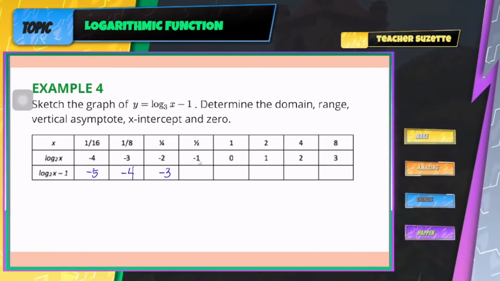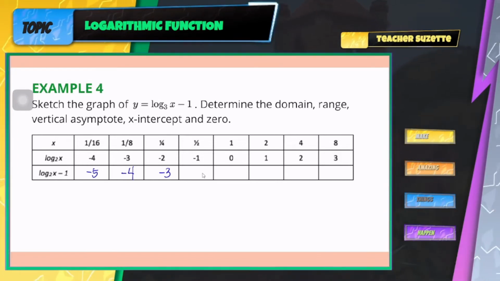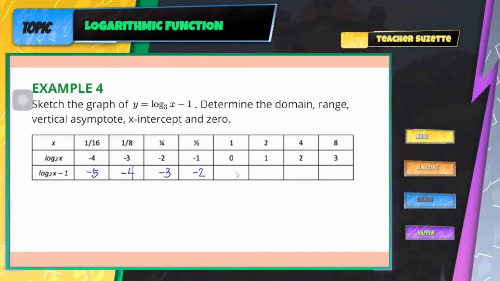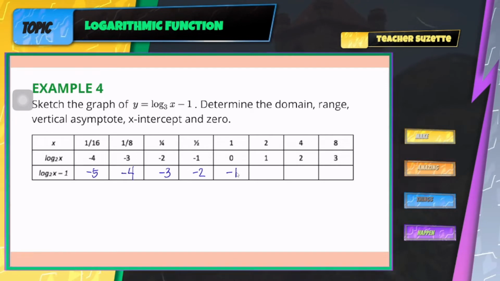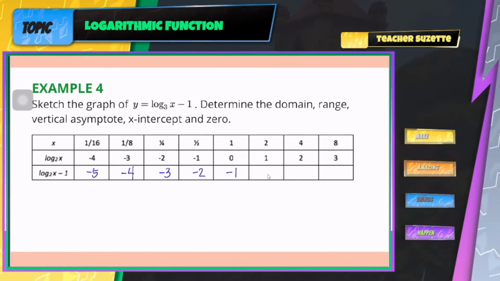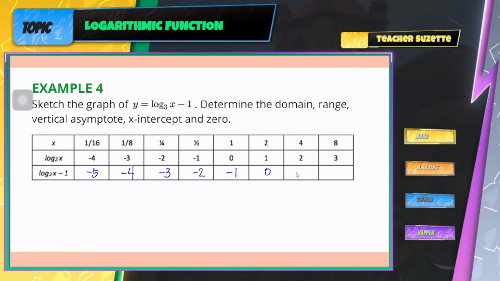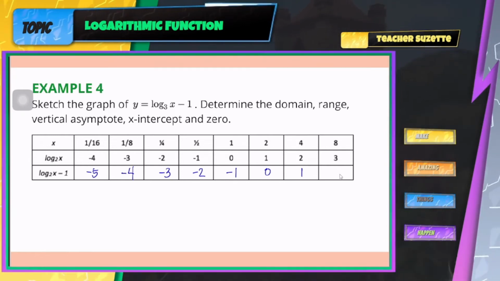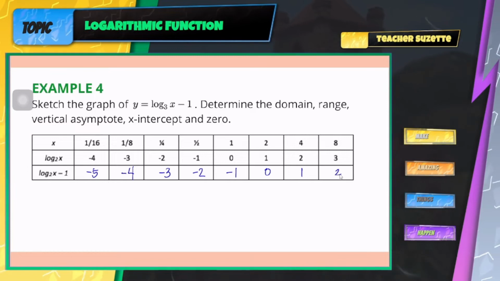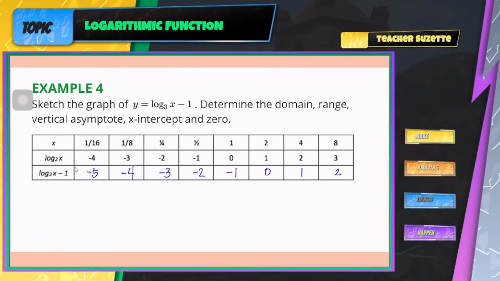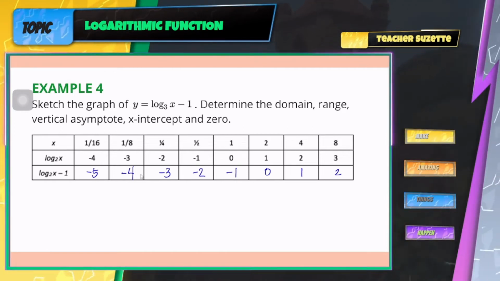Negative 1 minus 1 equal to negative 2. 0 minus 1 equal to negative 1. 1 minus 1 equal to 0. 2 minus 1, 1. 3 minus 1 equal to 2. So, ayan po. Let's see the graph of these following functions.